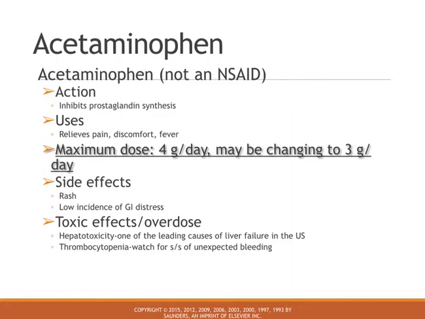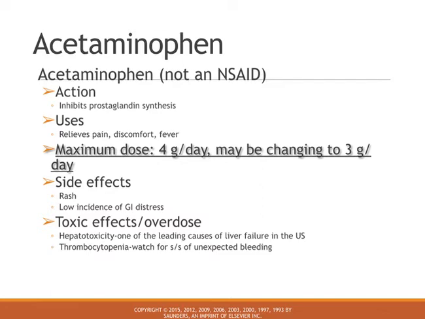So from aspirin, let's touch base on acetaminophen. It's not technically an NSAID. It does inhibit prostaglandin synthesis. It's helpful for pain, discomfort, and fever. There's a maximum amount of acetaminophen that can be taken in 24 hours. For a healthy adult, that maximum dose is 4 grams or 4,000 milligrams.